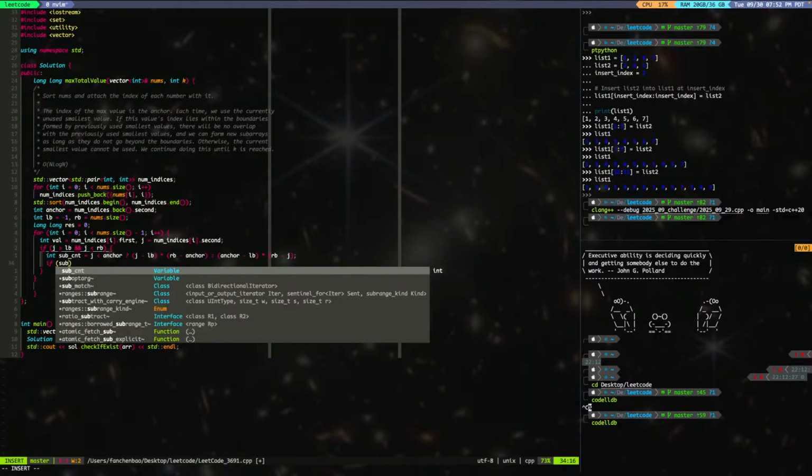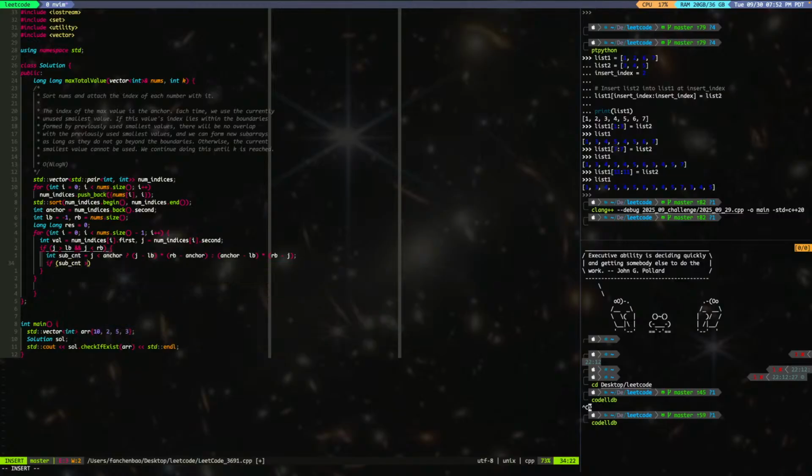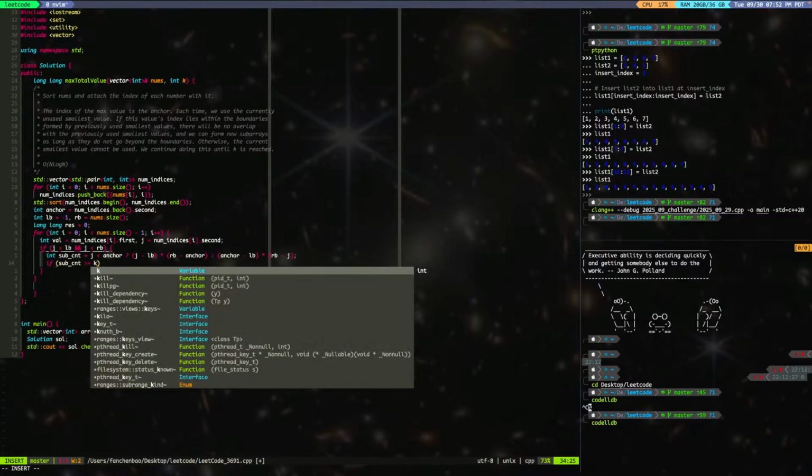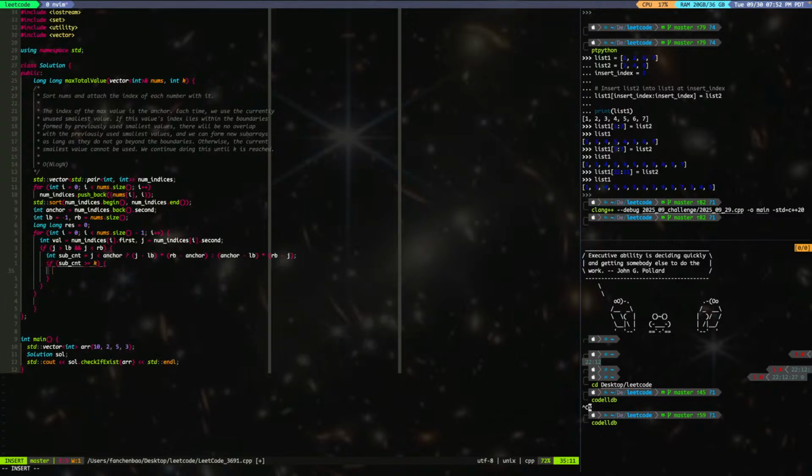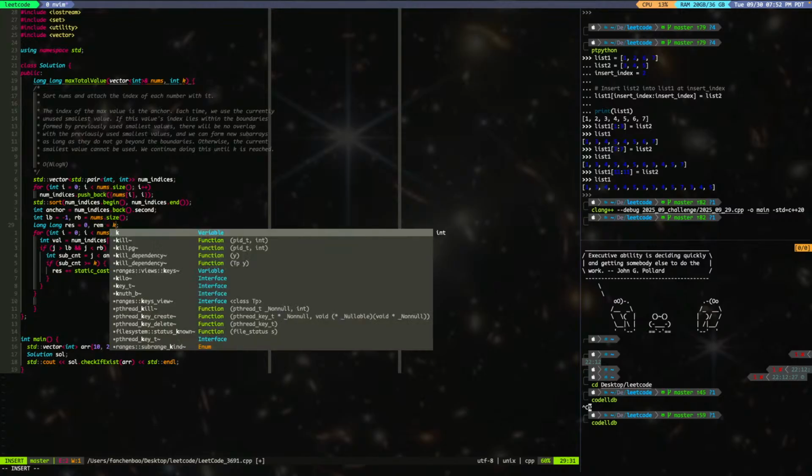If subcount is larger equal to k, then we just do k of them and then we terminate. So res plus equal to remaining, where remaining equal to k.